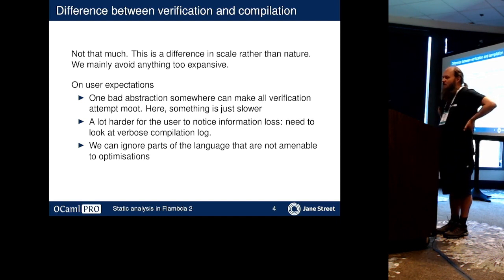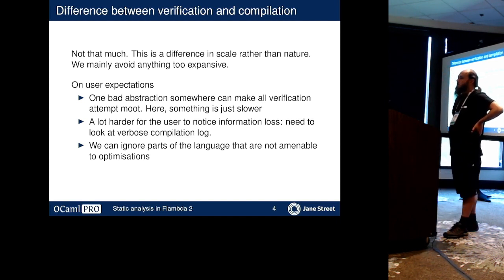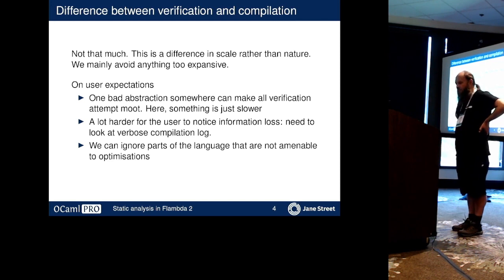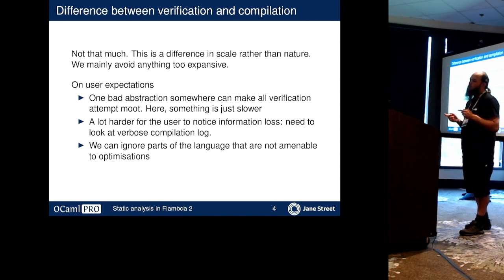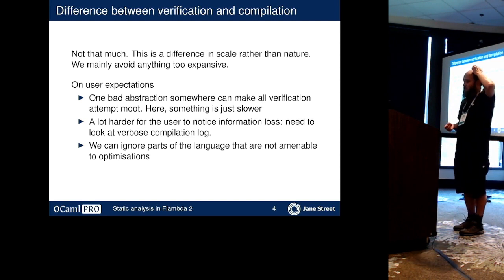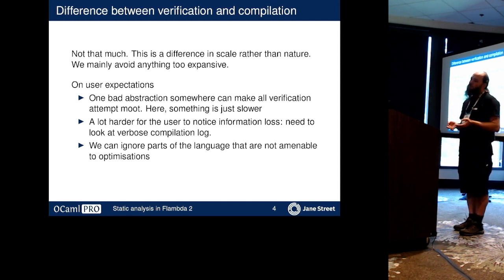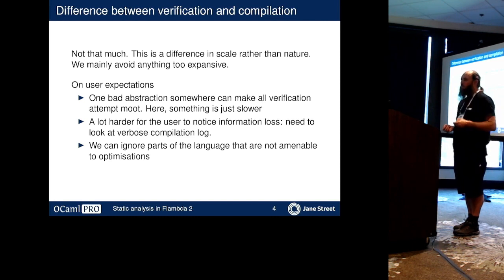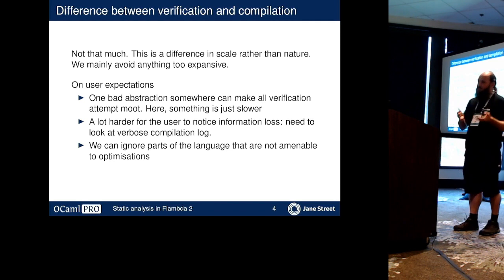So, the difference between verification and compilation for an abstract domain. From a high level, not that much. We have an abstract domain, and we need to accumulate data in it. But the main difference is what we expect in terms of precision in the domain. Basically, we often need to be faster than the verification domain, and that's one constraint.